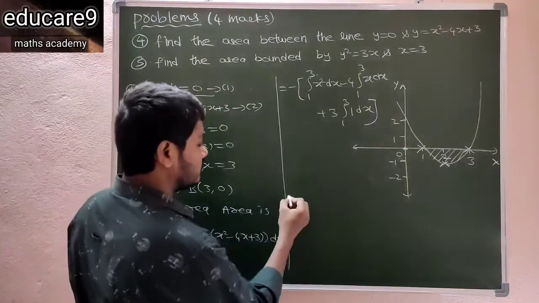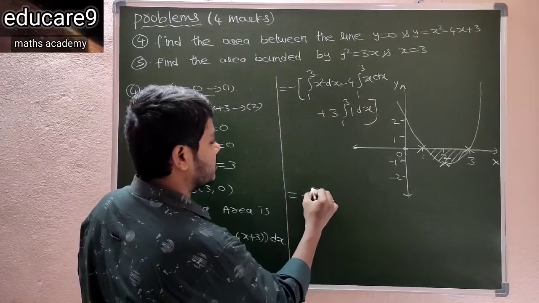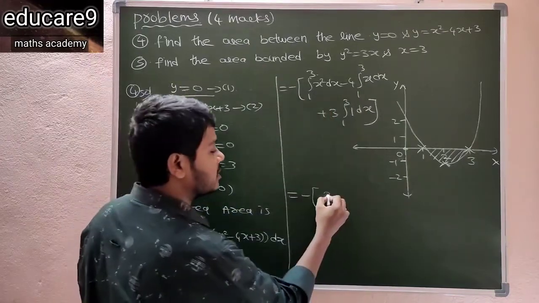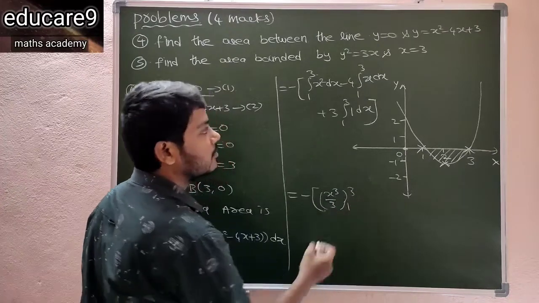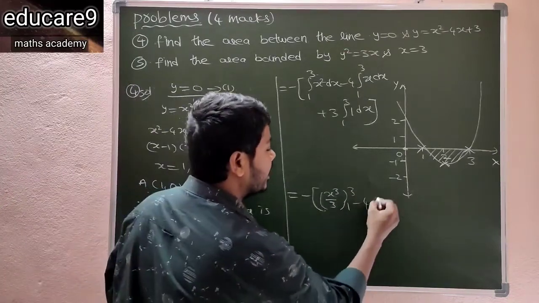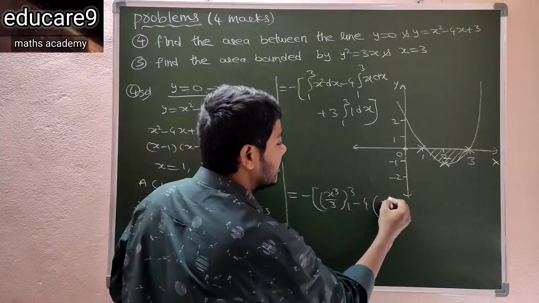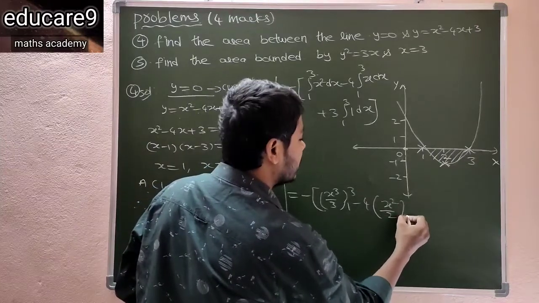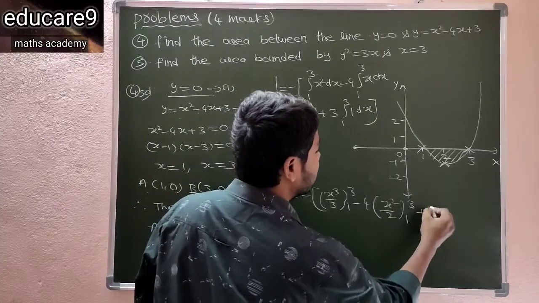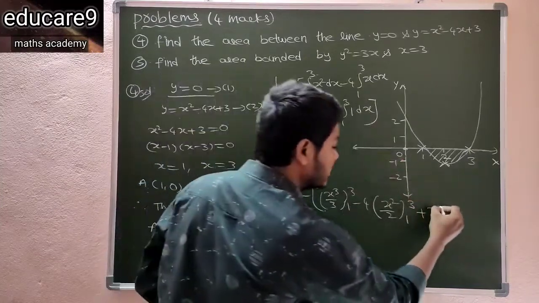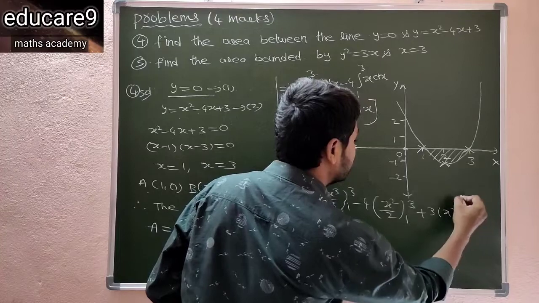Now this is what? See here, minus, you know that integration of x square is x cube by 3 within the limits 1 to 3, and minus 4 into integration of x dx, x square by 2 within the limits 1 to 3, and plus 3 into integration of 1 dx, that is x within the limits 1 to 3.